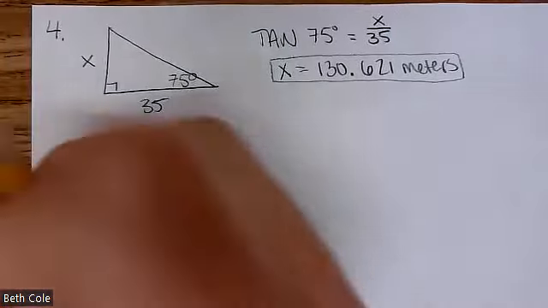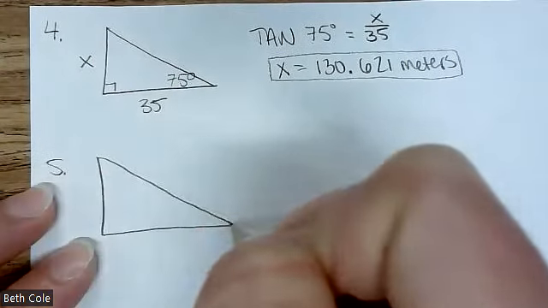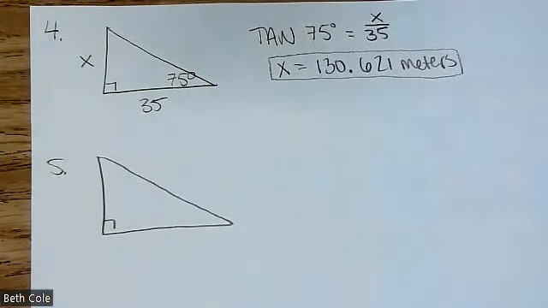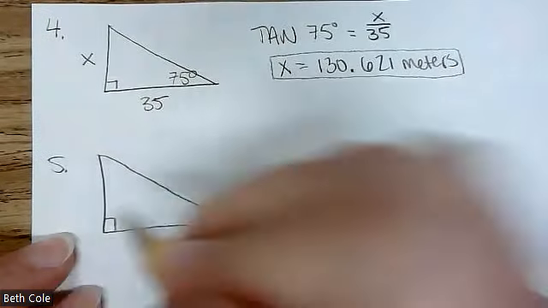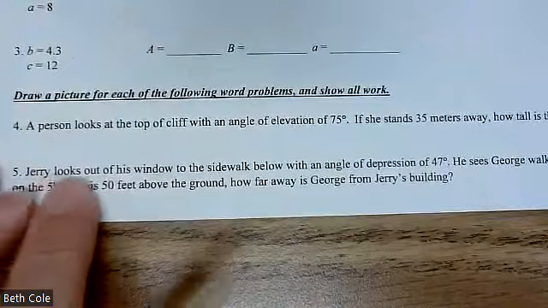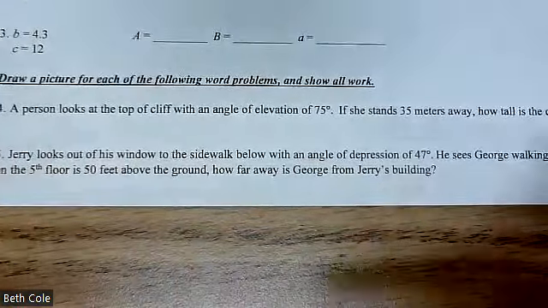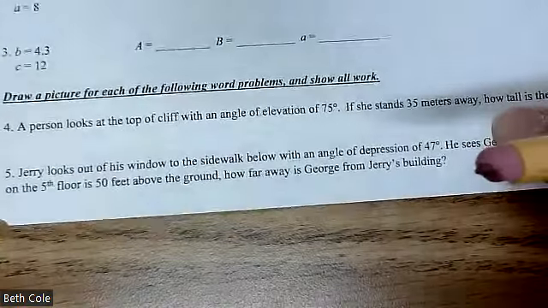Okay. All right. So let's try number 5. Again, go ahead and draw a right triangle. So let's read this one. Jerry is looking out of his window to the sidewalk below, angle of depression of 47. Watch, but don't write this part.